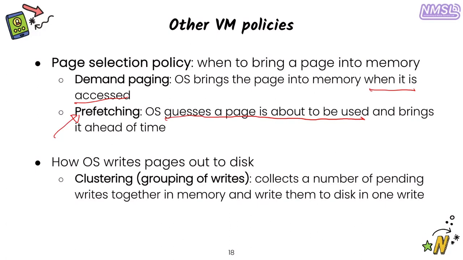Then you do it ahead of time to reduce the time to actually access it. That's prefetch. Now, when you're writing pages out to disk, doing it one by one is not very efficient. So typically we do clustering, or grouping of writes. You collect a number of pending writes together in memory and write them to disk in one single write.